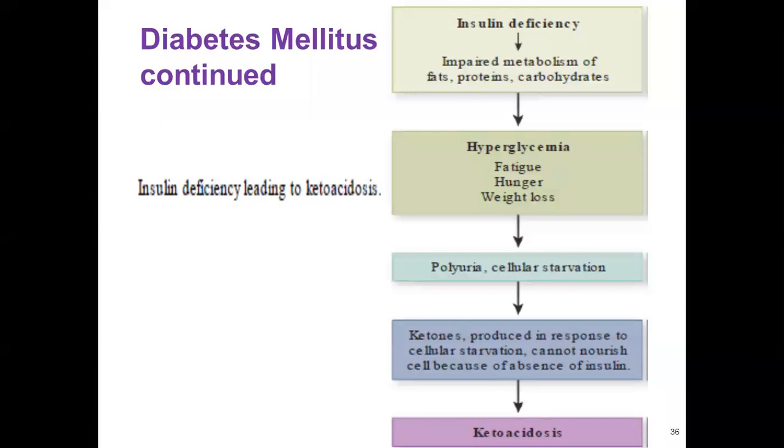So first of all, there are some risk factors that lead to diabetic ketoacidosis, like infection or stressful conditions, chronic illness, untreated or underdiagnosed type 1 diabetes mellitus, or missed insulin doses. With any risk condition or underlying cause, the patient develops insulin deficiency and impaired metabolism of fat, protein, and carbohydrate.